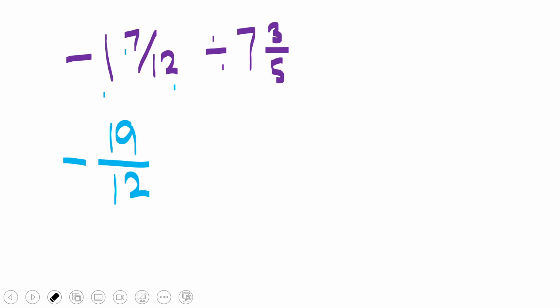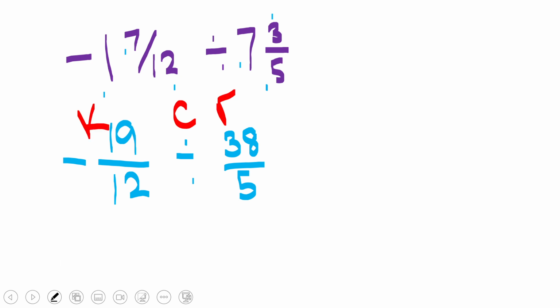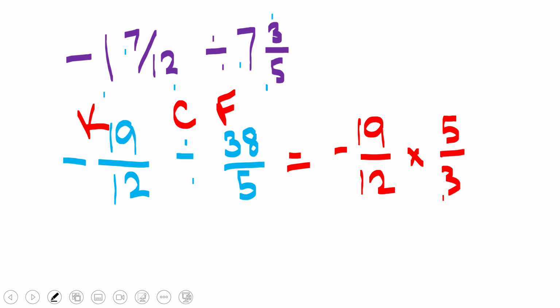Still a negative improper fraction. Divided by 5 times 7 is 35 plus 3 is 38. Over the same denominator, 38/5. Okay, we're going to keep, change, flip, and we're going to have negative 19/12 times 5/38.